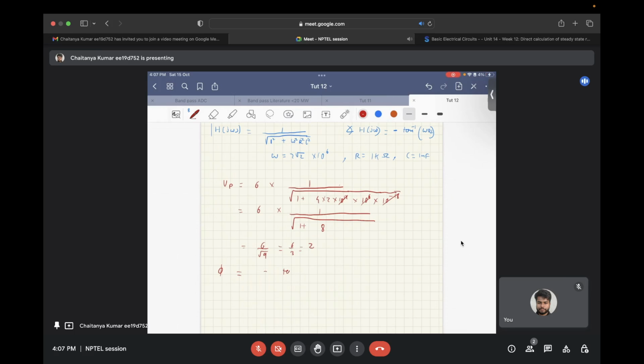And as far as phase is concerned, phi will be minus of tan inverse 2 root 2 into 10 to the power 6 into RC. R is 10 to the power 3 and C is 10 to the power minus 9.